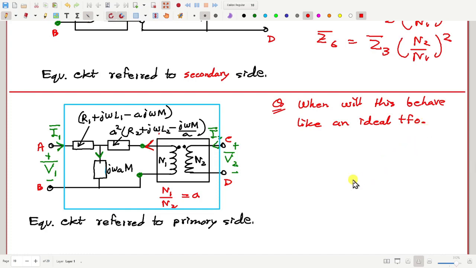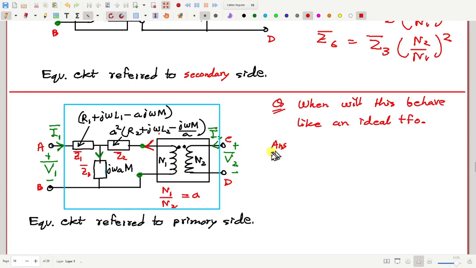Under what condition will this equivalent circuit be similar to an ideal transformer? What should be the value of Z1? What should be the value of Z2 and Z3, so that this total circuit is just an ideal transformer?